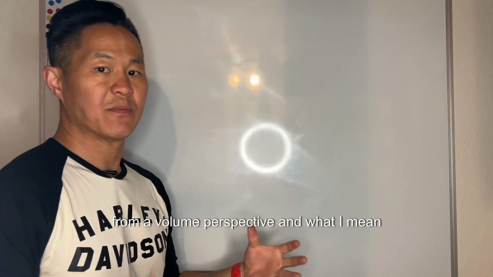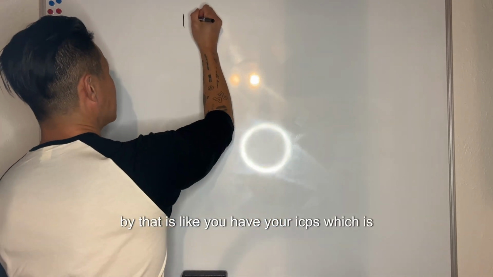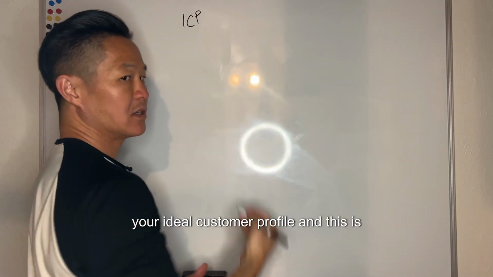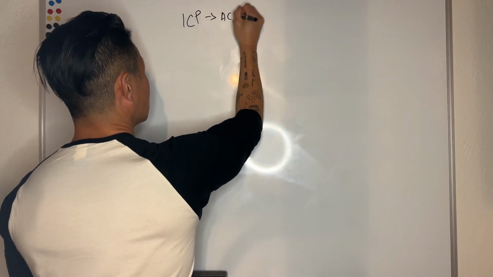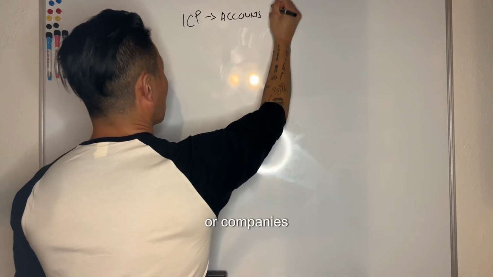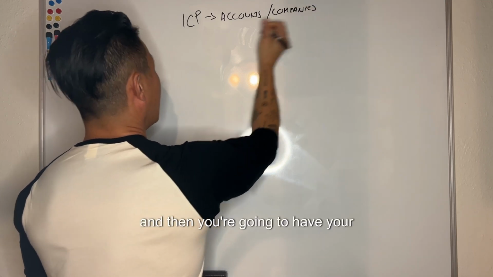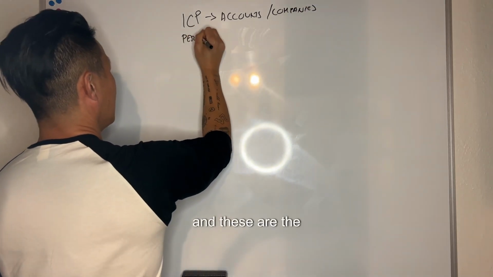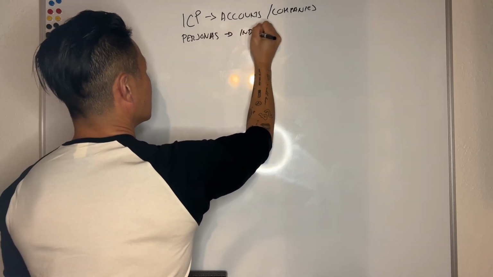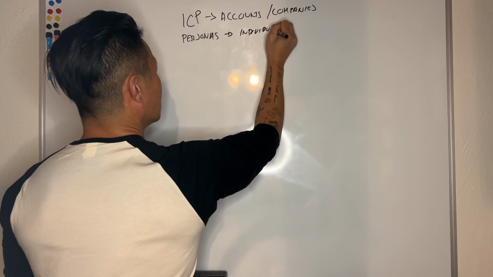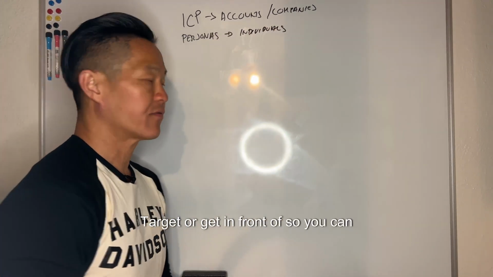what is your TAM from a volume perspective? And what I mean by that is, you have your ICPs, which is your ideal customer profile, and this is going to be by accounts or companies. And then you're going to have your personas, and these are the individuals within the companies that you're trying to target or get in front of.